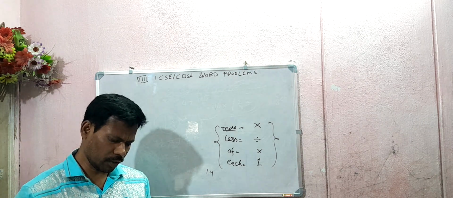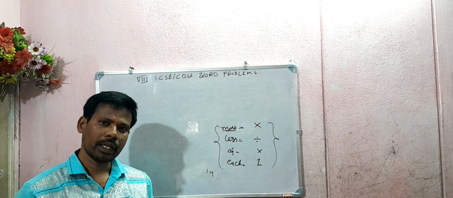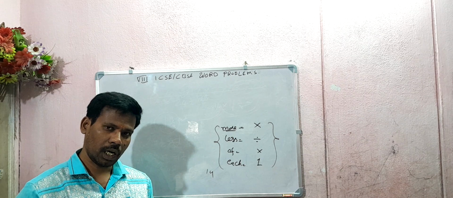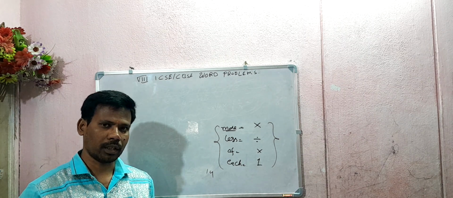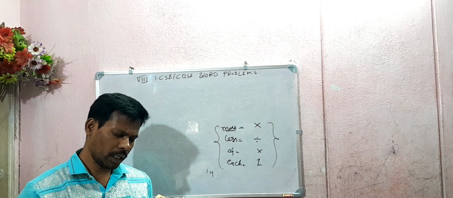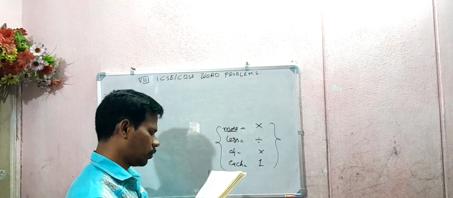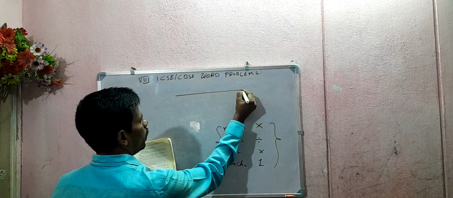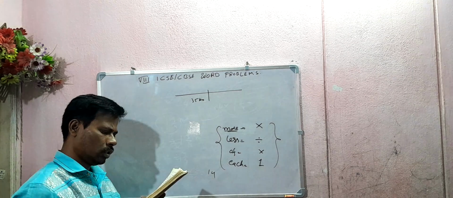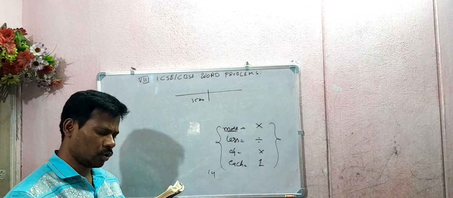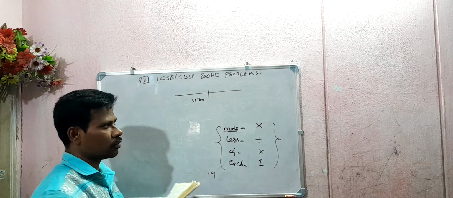First problem. Problem based on distances. Listen to the question carefully. I told you to read the question twice, thrice, then attempt it. After traveling a distance of 35 kilometers, Raju finds 3 by 8 of the journey was still left over.